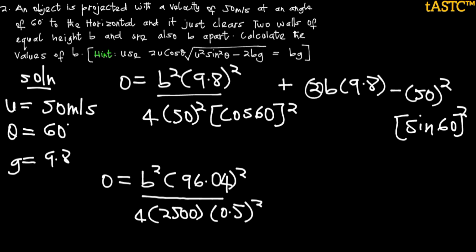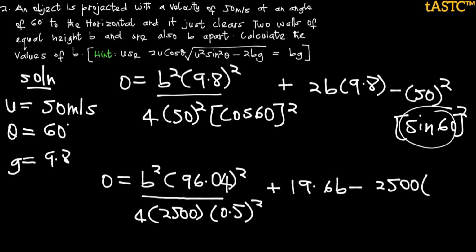Now here we're going to have a 2 multiplied by 9.8, so that is going to give us 19.6, so that would be b. Now this is 50 squared, which is a minus 2500. This will be multiplied by sine 60 squared. So sine 60, that is 0.866.